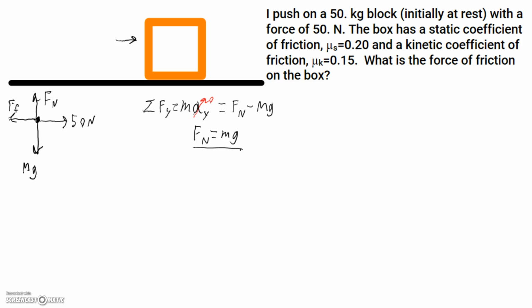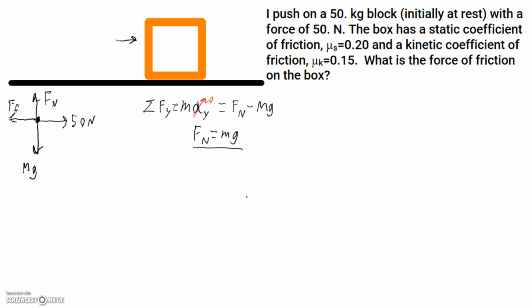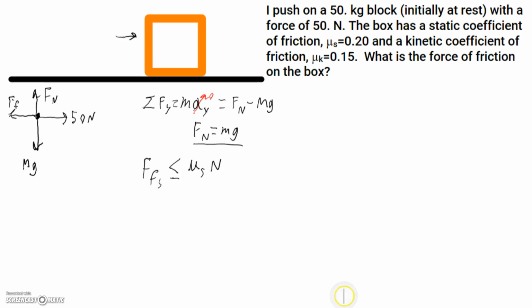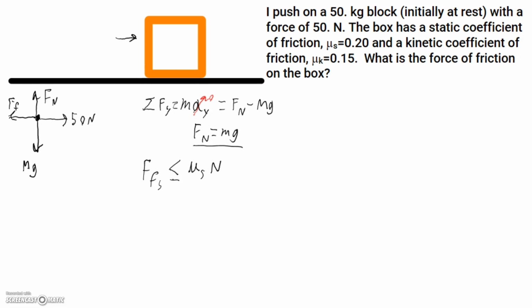So the next thing students usually do is they say the static force of friction is less than or equal to mu sub s times N, and they plug in our normal force, so they say this is going to be less than or equal to mu sub s times mg.